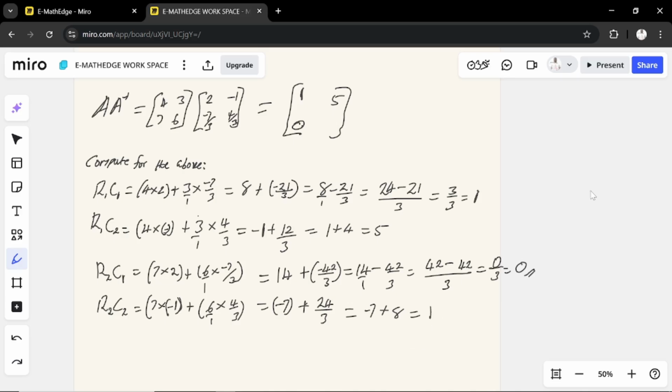So 1 is the element in the second row and second column.